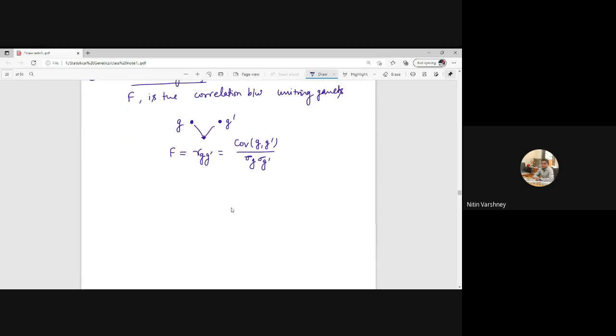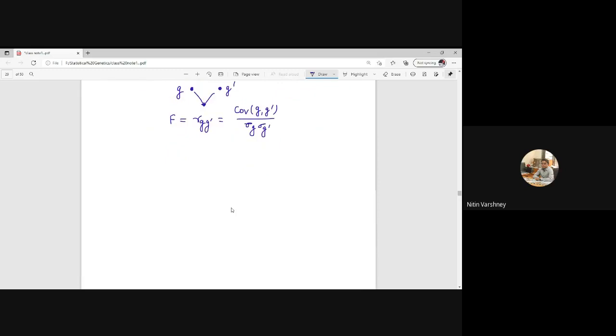Now, if we consider a base population like capital A capital A, capital A small a, and small a small a, and the frequencies are p square, 2pq, and q square.